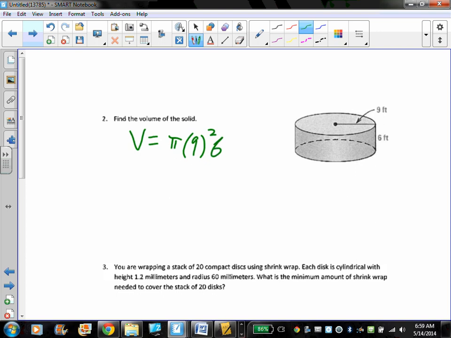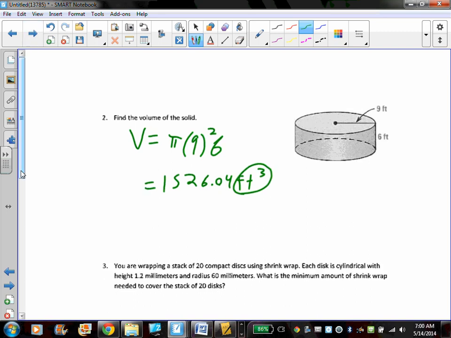So 3.14 times 81 times 6. So the volume here would be about 1,526.04 feet cubed. Notice that it's feet cubed because we're dealing with volume. If we'd been finding surface area, we would have had feet squared.